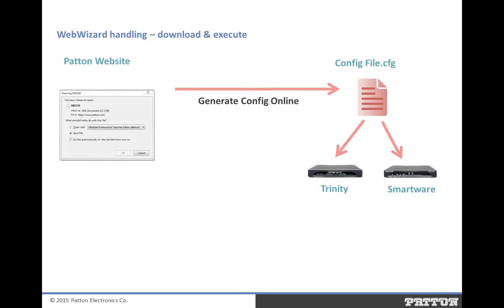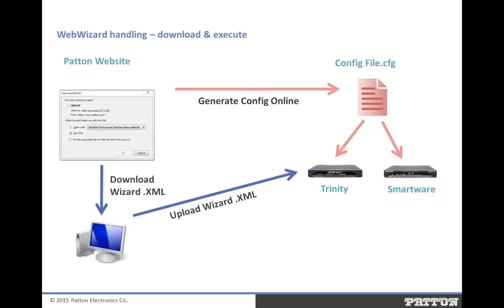Mark, for the other option, we should clarify whether the wizard file works for both Trinity and smartware devices or just for one device. Right. Generating a config file online can work for either a Trinity or a smartware device. The second part I'm about to explain only works for Trinity devices.